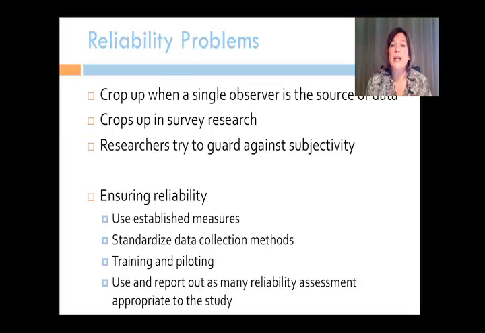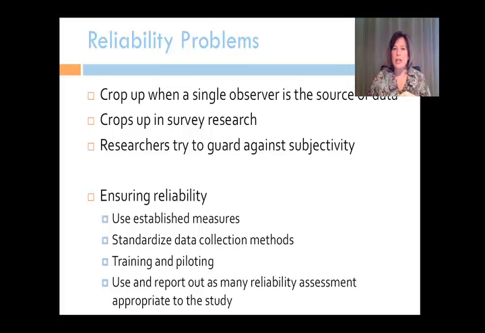It crops up in survey research, and in as much as you want to have good question design. Anytime that you have an unclear question, an individual can answer that question many different ways. Not only can that one individual not understand what the question is asking for, they might answer the same question differently today or a week from now.